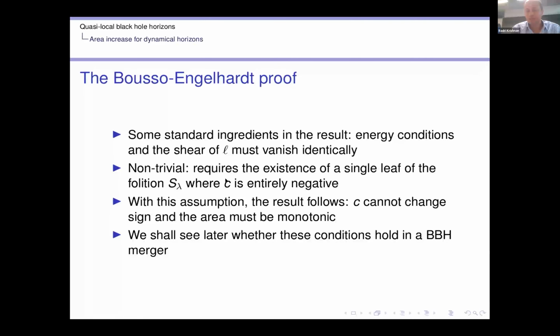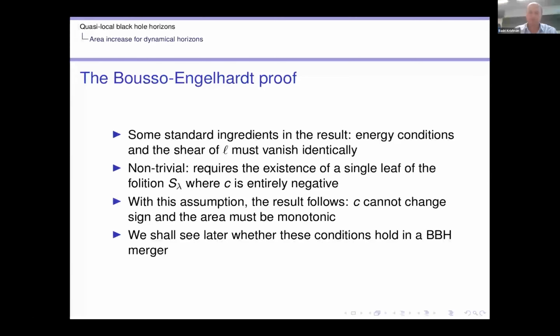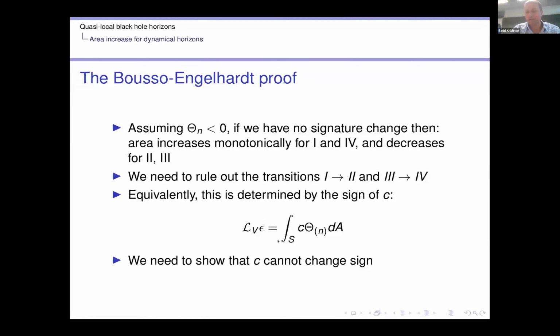What happens is that there's a small portion of the whole surface where C is not negative, and that is what causes the proof not to apply fully. The details of this, unfortunately, will take me too long. I would have to go through what the proof exactly was, and that would require an entire lecture by itself. But this is the condition, and because C is the thing that controlled how the area was changing, that is what appeared in this indicator.